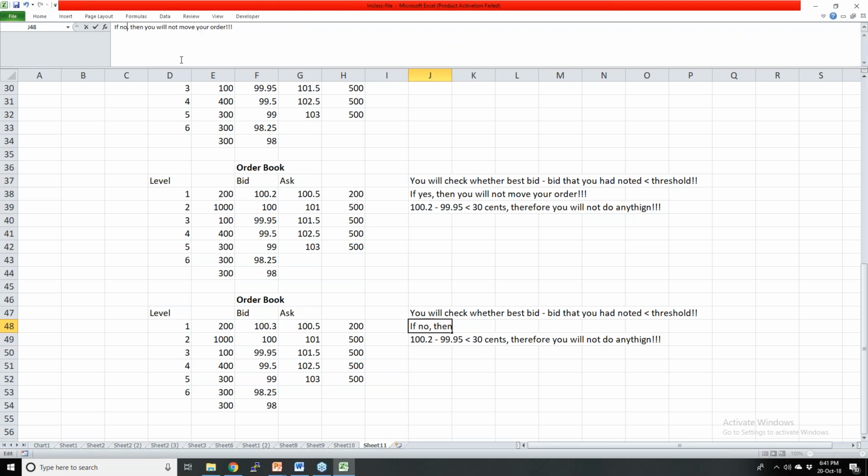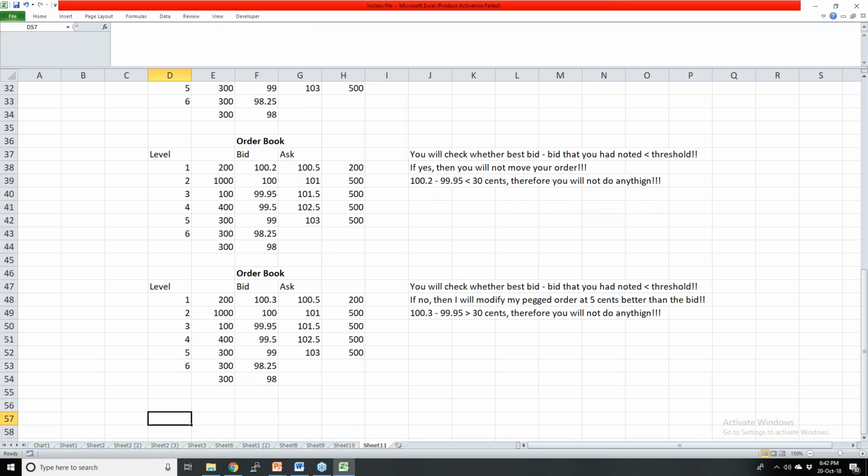If no, right, because now 100.3 is actually greater than my threshold, then I will fire a pegged order, or I will modify my pegged order at 5 cents better than the bid, right?